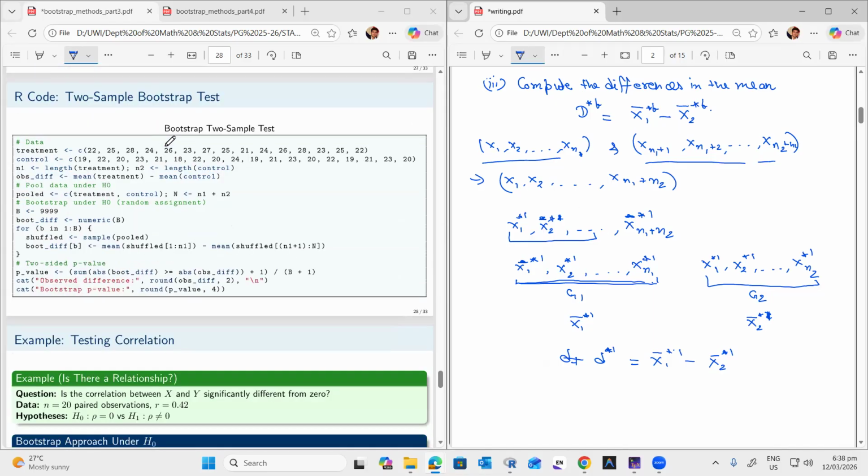We have one R code here for that. So check the two sample bootstrap.